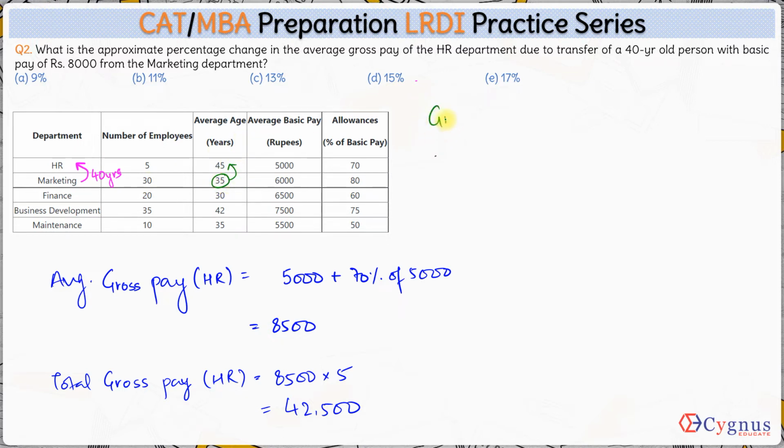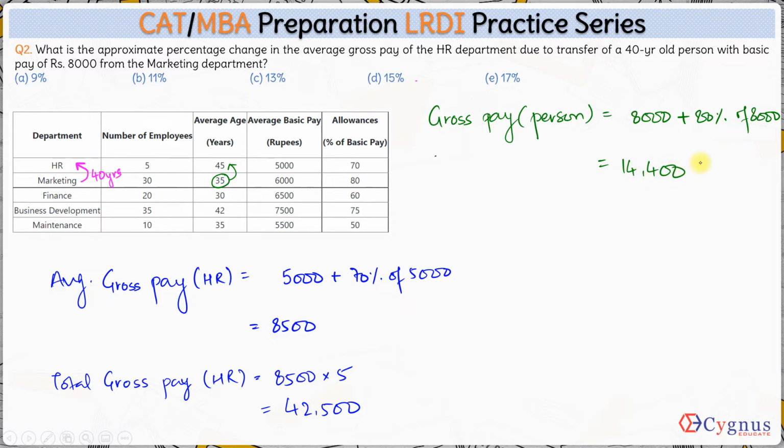Now the gross pay for this person currently is how much? Gross pay for the person, his basic pay is 8,000 and he would receive 80%. Since he is in marketing department, he would receive 80% of this as the allowance, 80% of 8,000 as allowance. So this is 6,400 plus 8,000, 14,400.